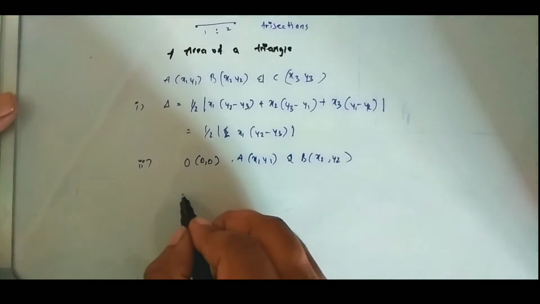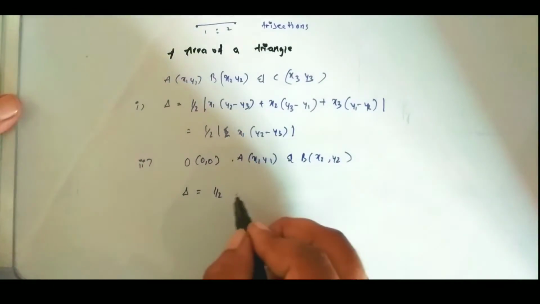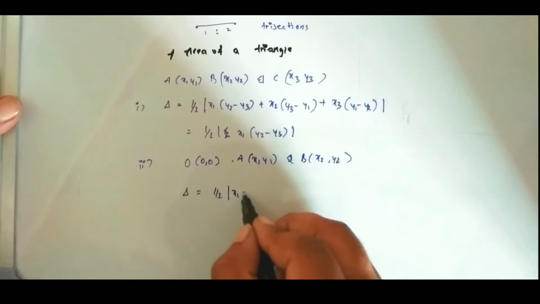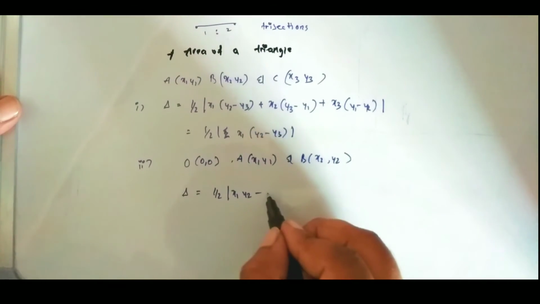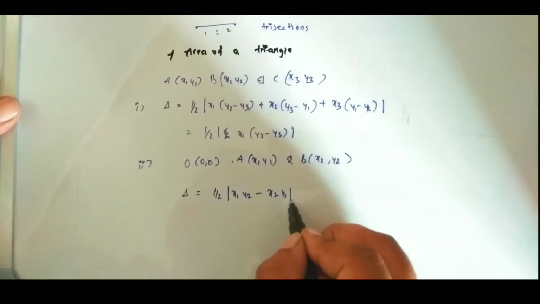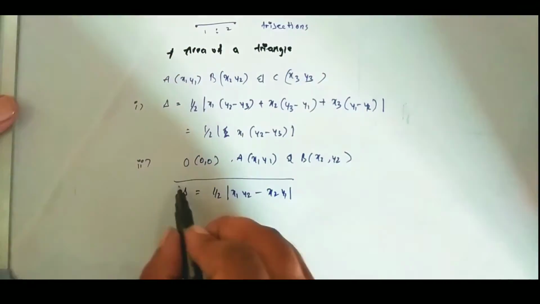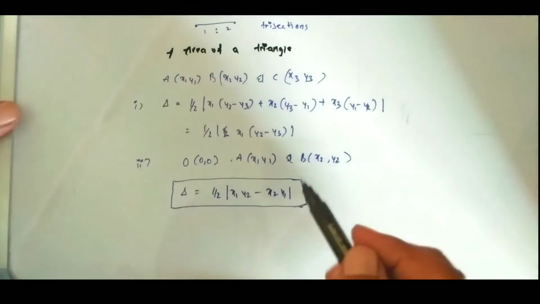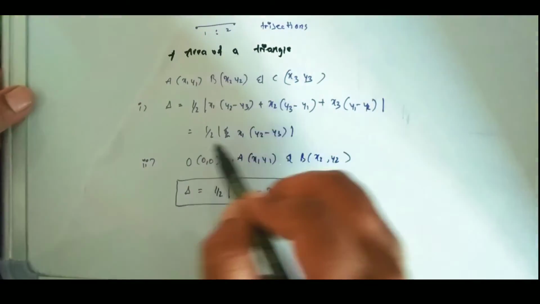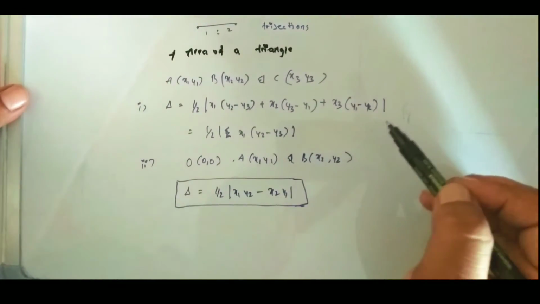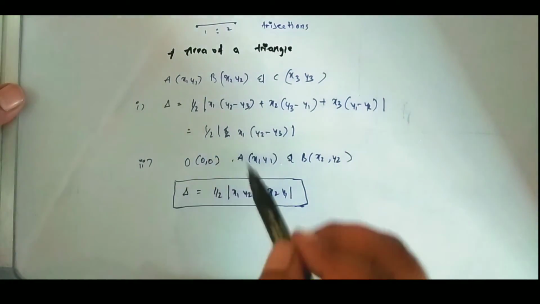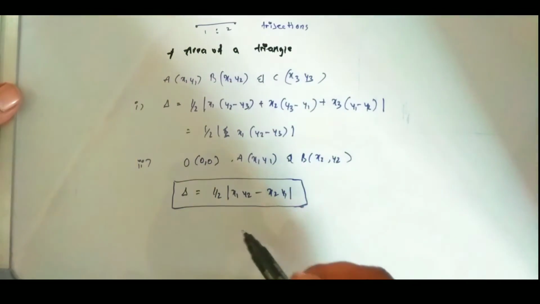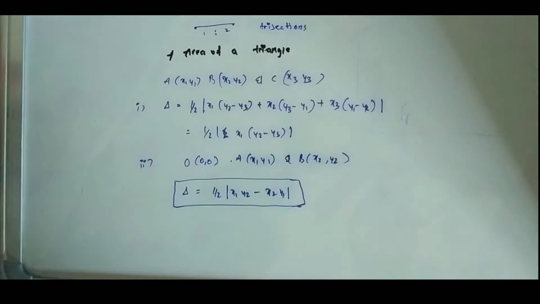So the formula is delta is equal to 1 by 2 mod x1 y2 minus x2 y1 mod. This is the formula when one point is 0 comma 0 in the given 3 points. Okay.